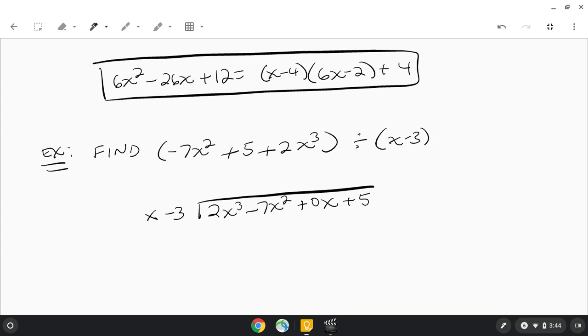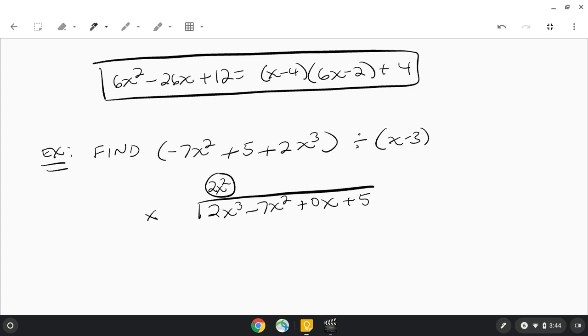To figure out this number, we're going to ignore the minus 3 to guess that number that goes in there. x times what is 2x cubed? So x times 2x squared.